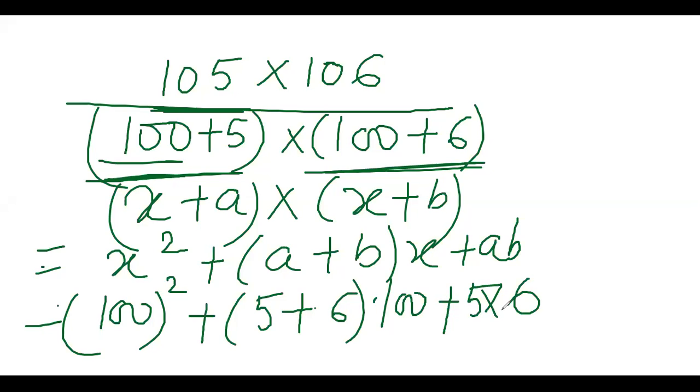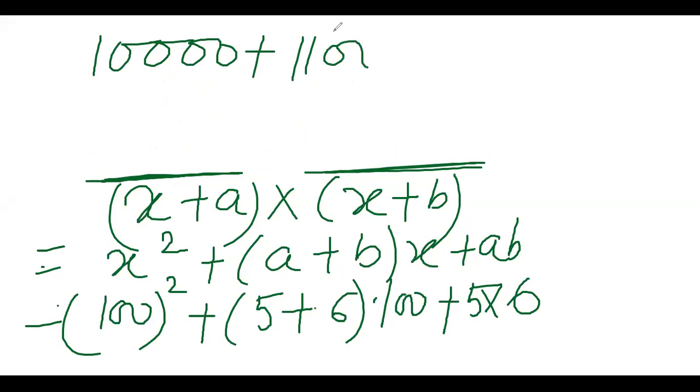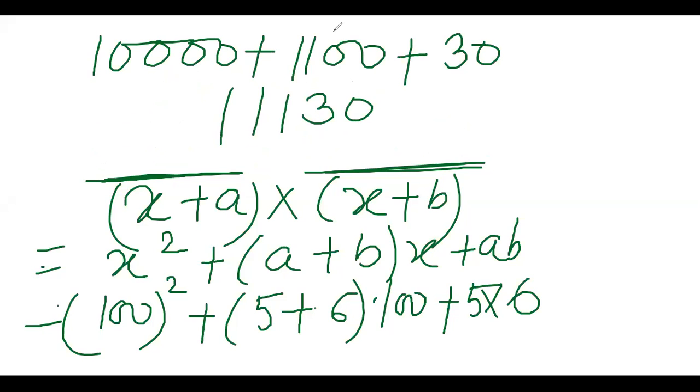Then 100 square is 10,000 plus 11 into 100 is 1100 plus 5 into 6 is 30. Then what will be our answer here, right? 11,130. Good.